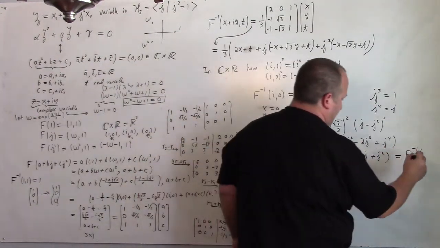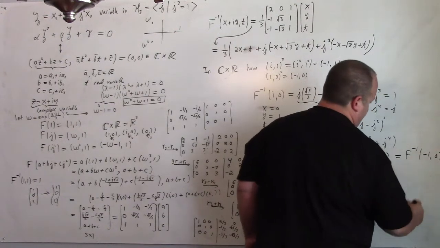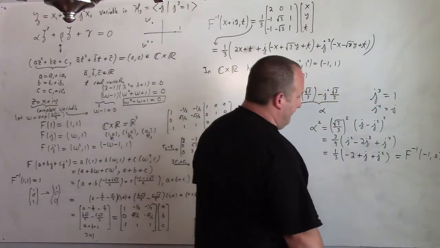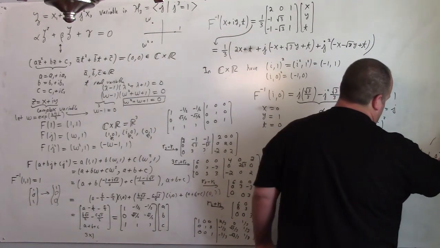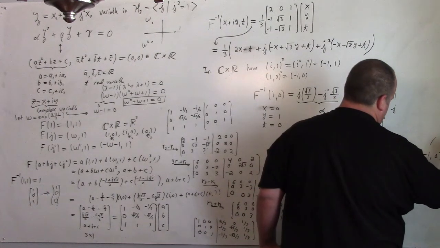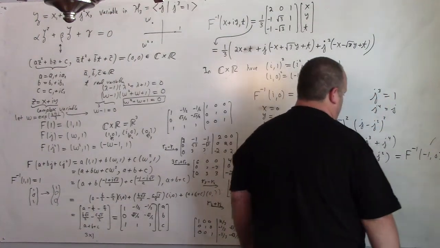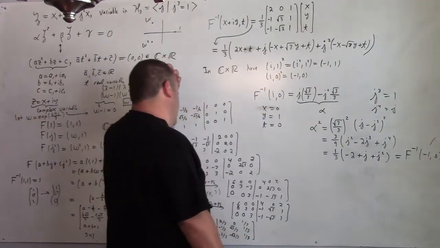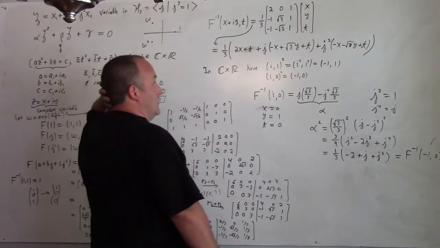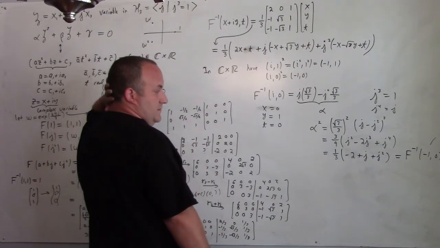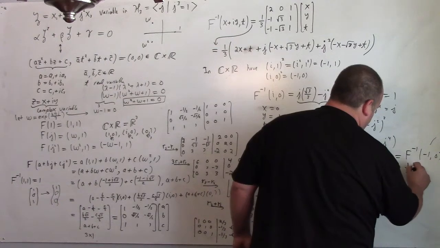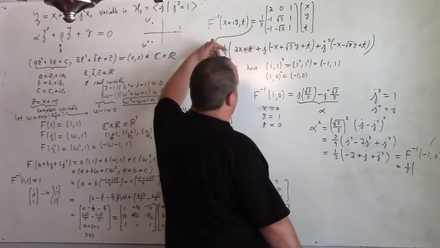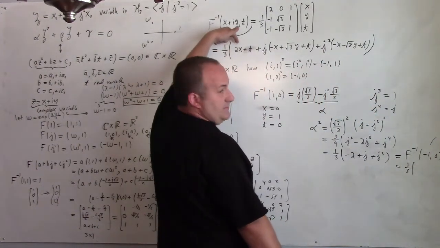So this should be F inverse of minus 1, 0. Minus 1, 0 is x equal to minus 1, y equal to 0, t equal to 0 in our formula. There's a third, right? See here, so x equal to minus 1.